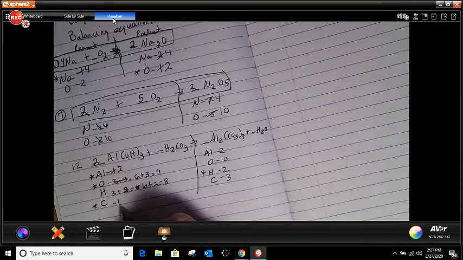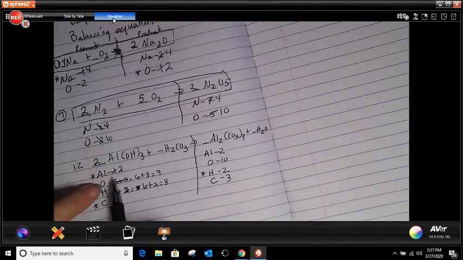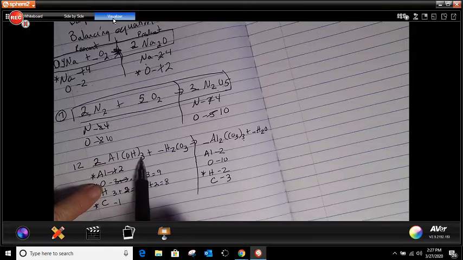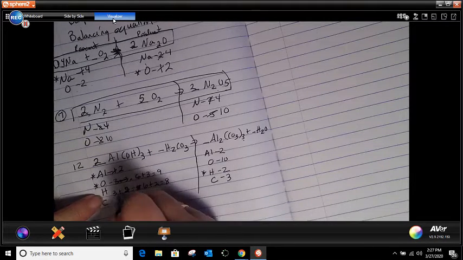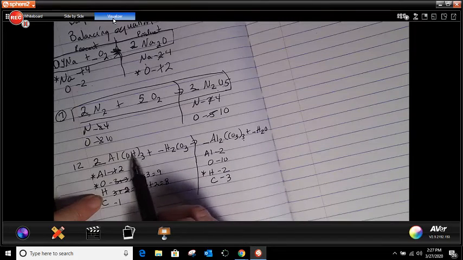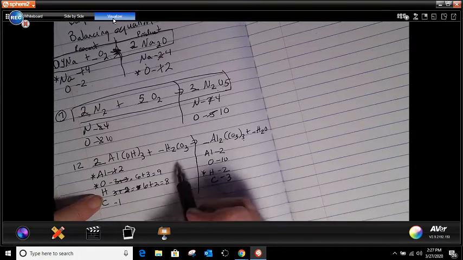So let's see what I got here. That is 2. Oxygens is 2 times 3 is 6, plus 3, 9. Hydrogens is 3 plus 2, nope, that was old. Hydrogens is 2 times 3, which is 6, plus 2 is 8.